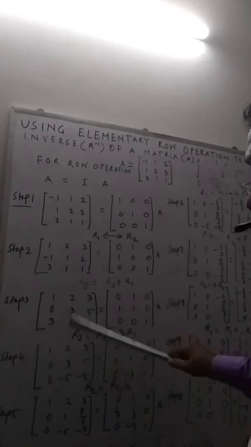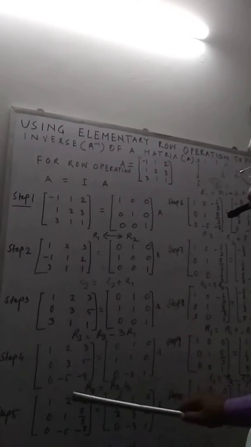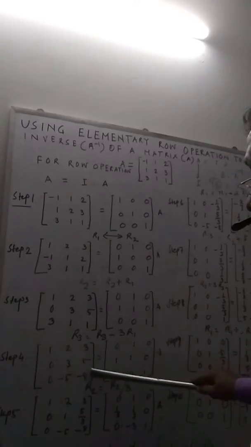And the same thing, minus 3 into 2, 6. So 1 minus 6 is equal to minus 5. And here it is 3 into 3, 9. So 1 minus 9 is equal to minus 8. So this R3 position has been changed. And similarly, here also the same operations I will do. Just see that this is 0, so there will be no effect.